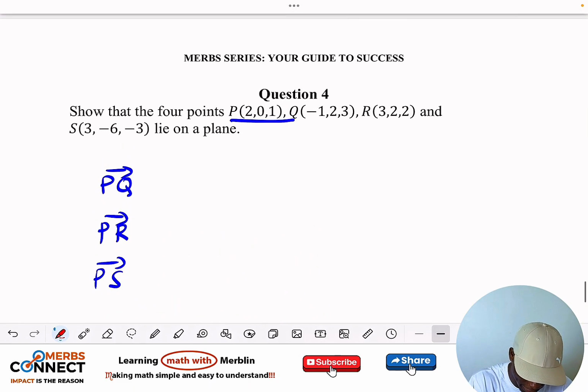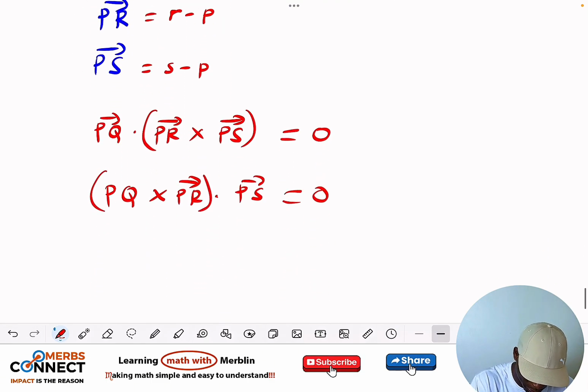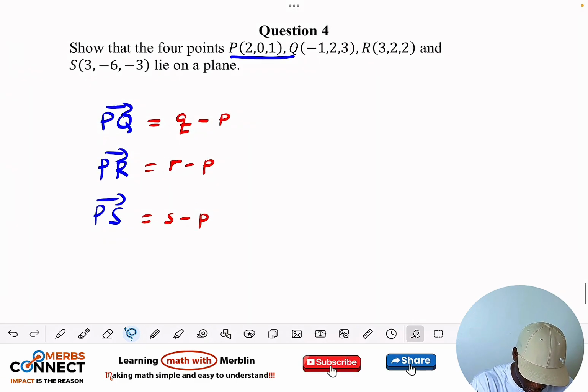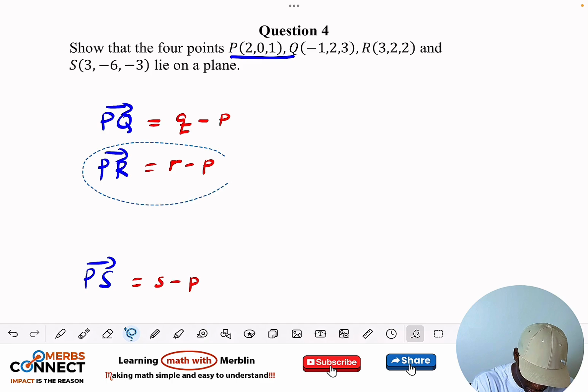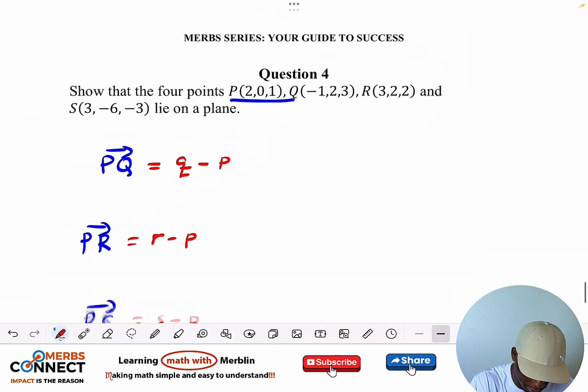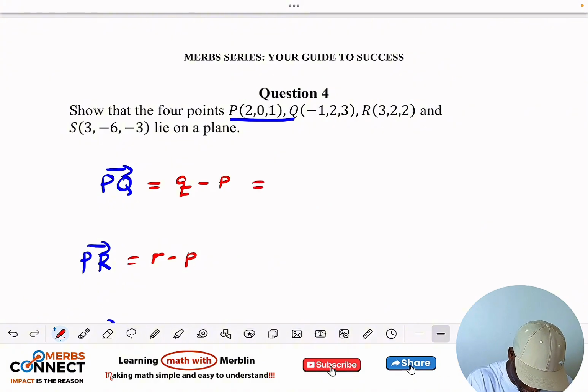So let's try and figure out these vectors. PQ is the same as Q minus P, PR is the same as R minus P, and PS is the same as S minus P, right? So let's try and figure it out. Q is this.